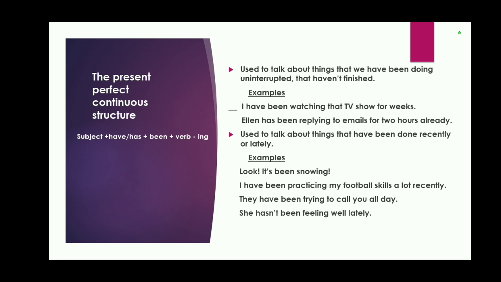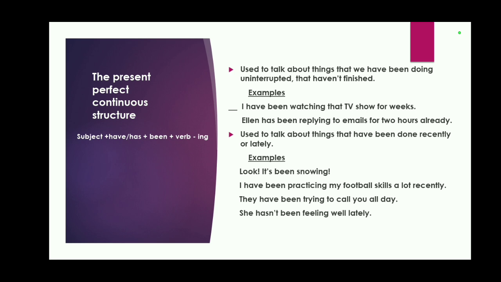We use this tense to emphasize how long something has been happening. For example, I have been watching that TV show for weeks. I am emphasizing how long I have been watching the TV show. Or Alan has been replying to emails for 2 hours already.